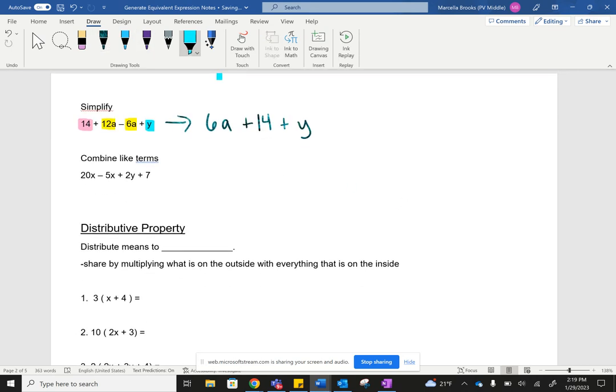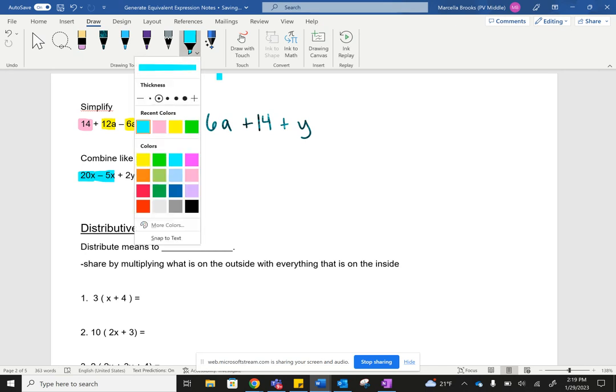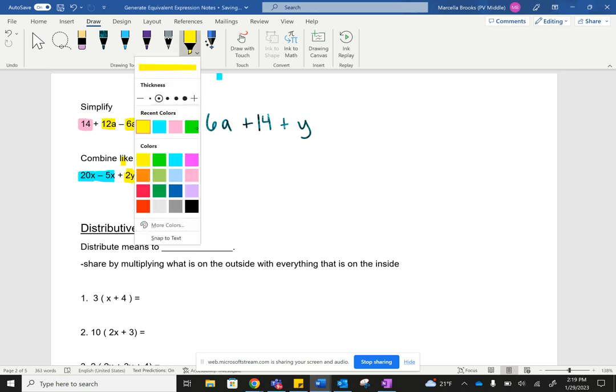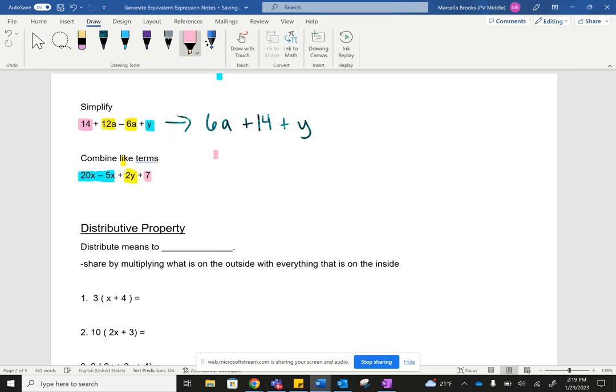The next one, we have combining like terms again. I'm just going to highlight the whole thing. 20x minus 5x. And then we have a 2y. And then we have a 7. So I can combine my like terms there. 20x minus 5x creates 15x.